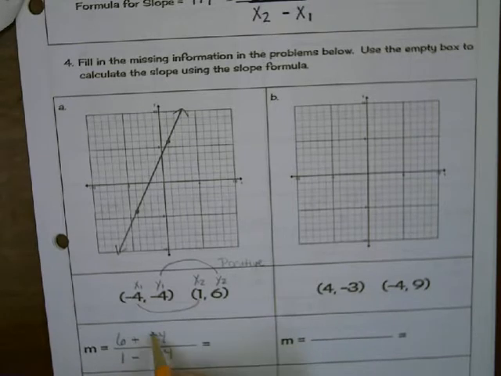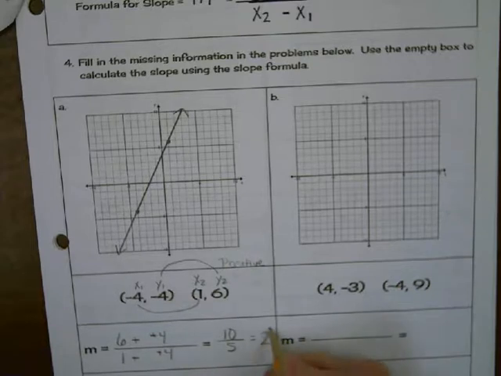Add the opposite, add the opposite. So my slope is going to be 2. The change in y over the change in x. Rise over run.